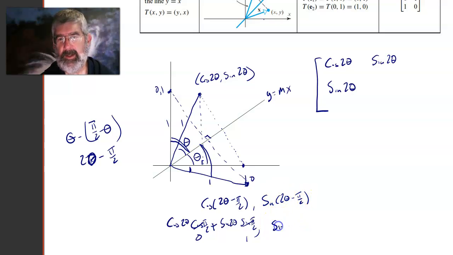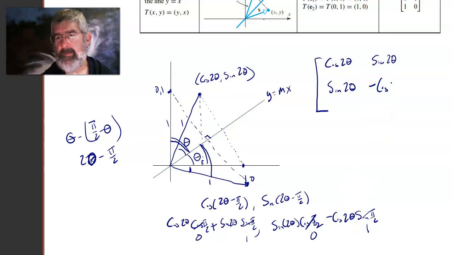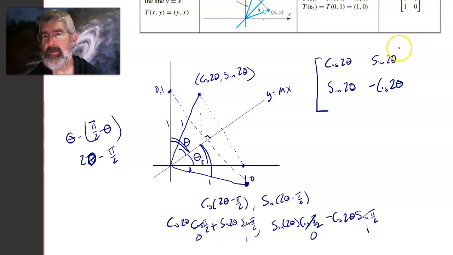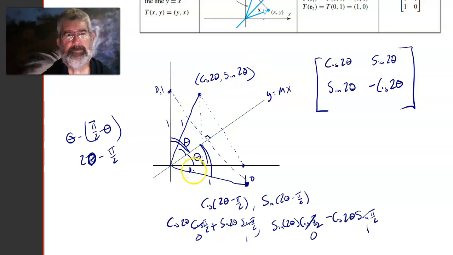This would be sine of 2 theta cosine of pi over 2 minus cosine of 2 theta sine of pi over 2. And again, this one is 0, this one is 1, and I just end up with minus the cosine of 2 theta. And there is my matrix in terms of this angle.